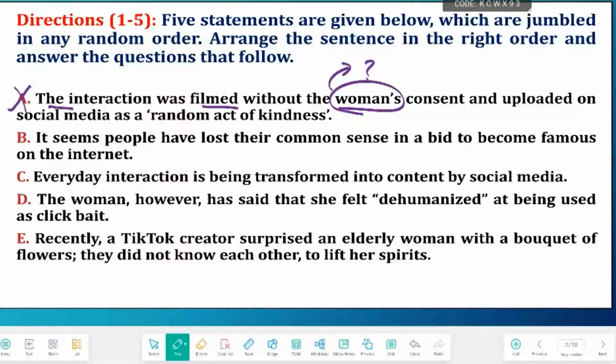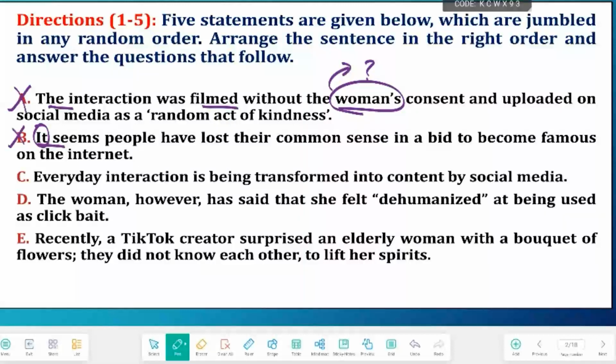Second statement says it seems. It seems मतलब अब it क्या है? एक pronoun है. It seems most people have lost their common sense. So it is a pronoun. Let's eliminate this statement. It seems people have lost their common sense in a bid to become famous on the internet. Okay.